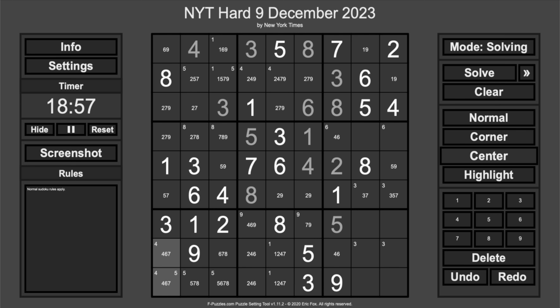Okay, I got 4 in one of these two. 5 is in one of these 3. Well, I can't say whether that's 4 or 5 yet.